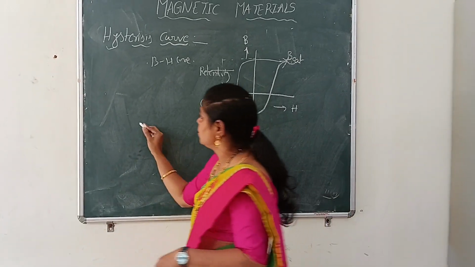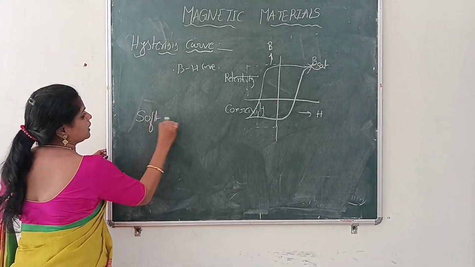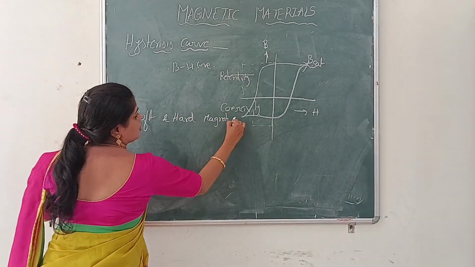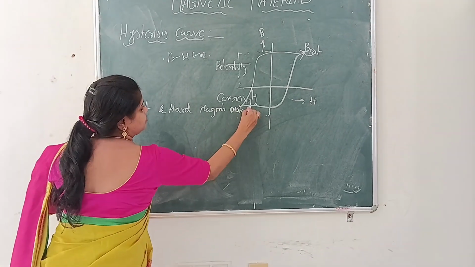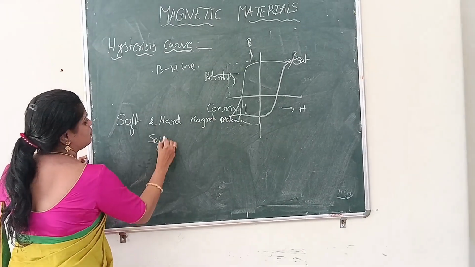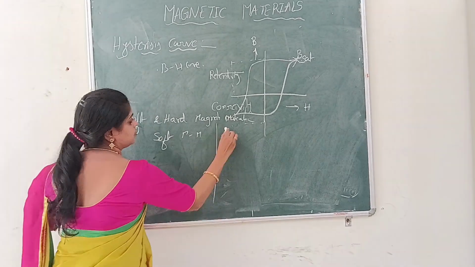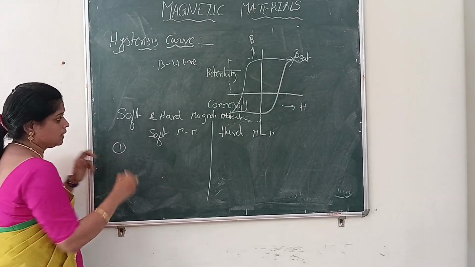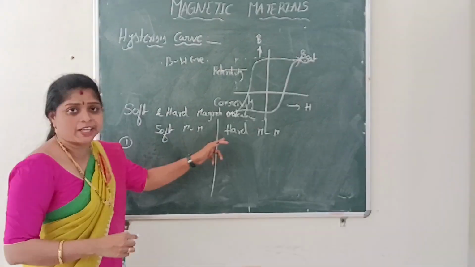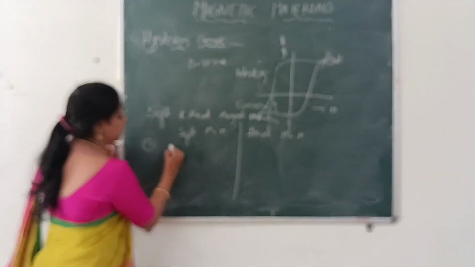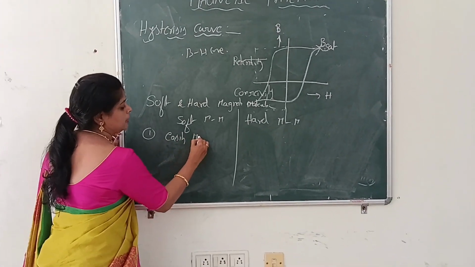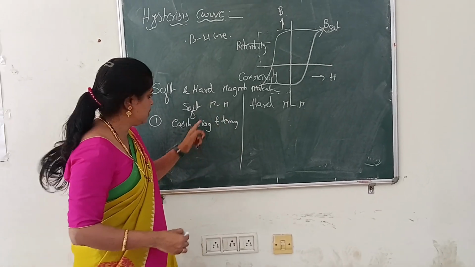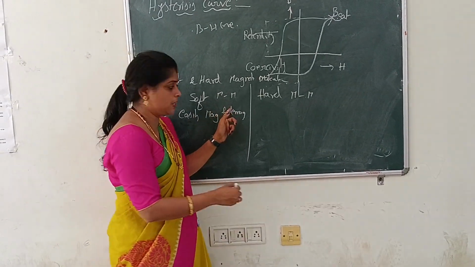Next one is soft and hard magnetic materials. What are the differences between soft and hard magnetic materials? Soft magnetic materials can be easily magnetized and demagnetized; those materials are called soft magnetic materials.